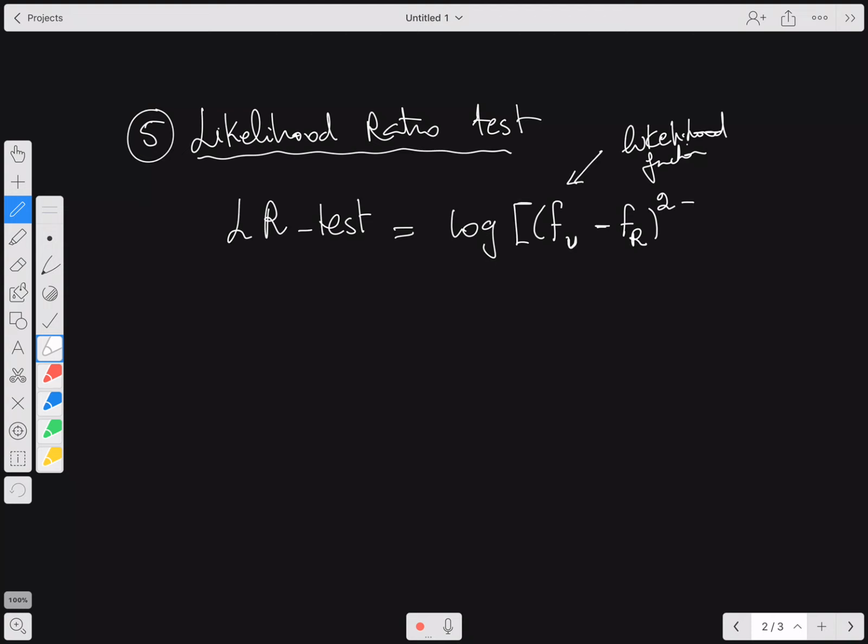So when you take this log inside these brackets, then it would be equal to 2 times the log of unrestricted minus the log of restricted.